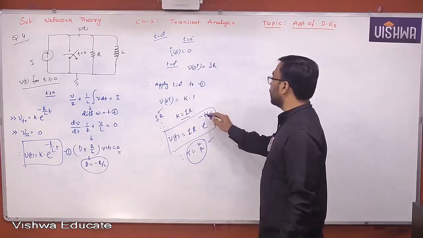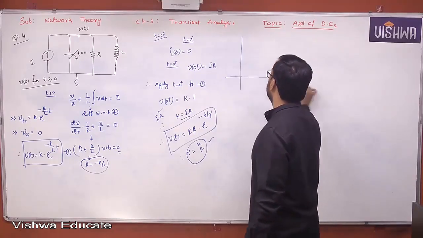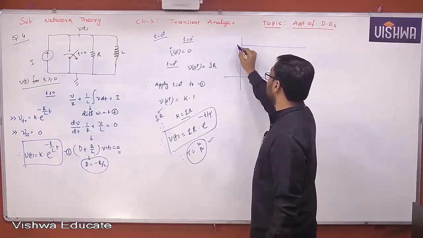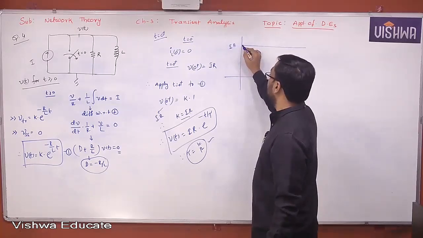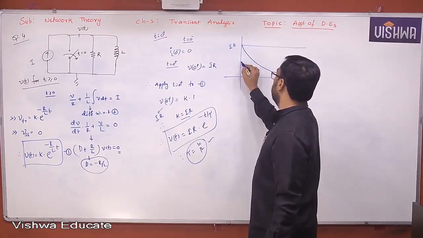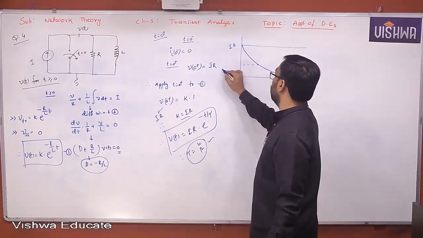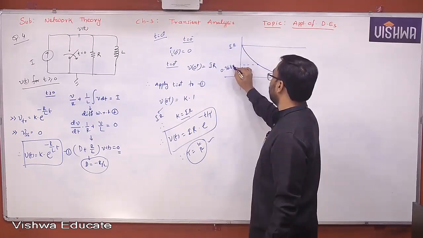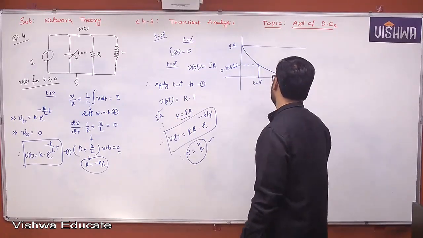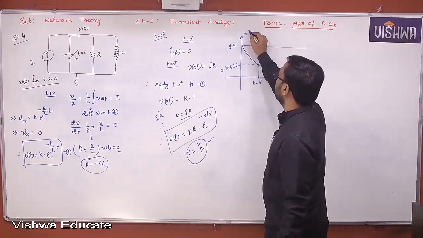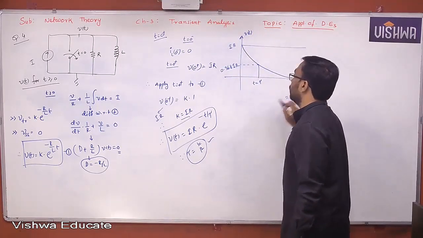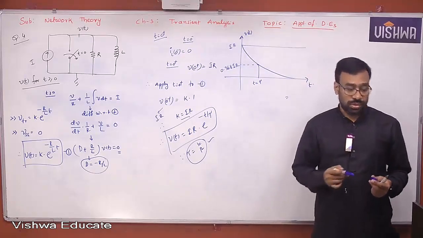It is an exponential decaying function. The initial value is I into R, and the final value is 0. It decays to 0, and at t equal to tau it is 0.368 times IR. This is the voltage across the inductor or resistor, or the node voltage, whatever it is. That's it. Please note that down.